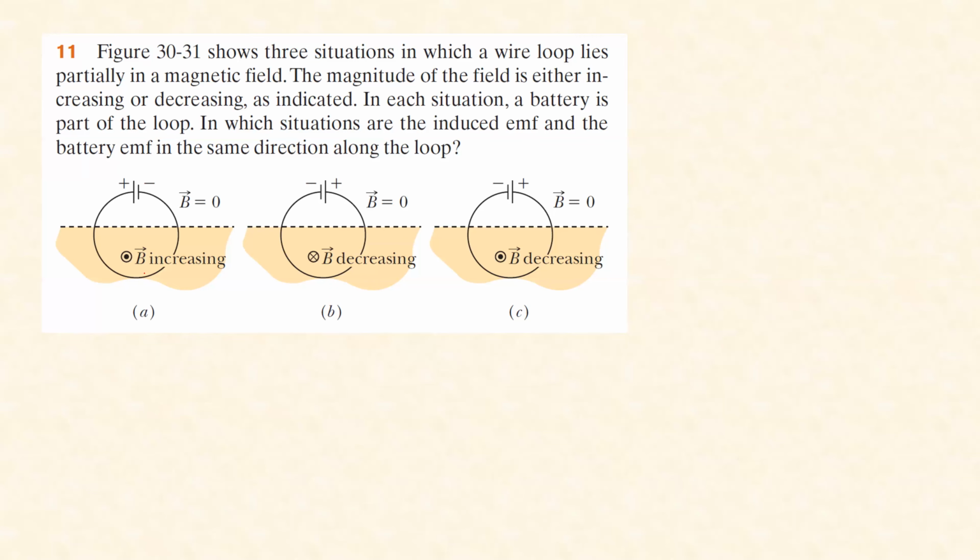So for this, what is the direction of B induced? It would be the opposite side, so into the page. Sorry, into the page. So B induced is into the page, okay?